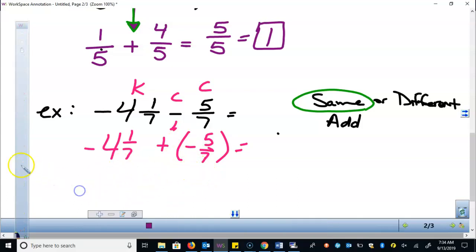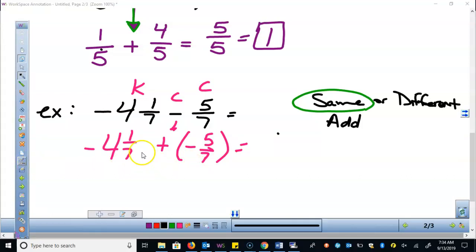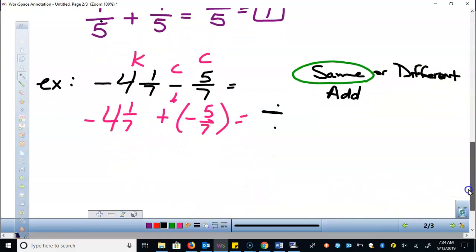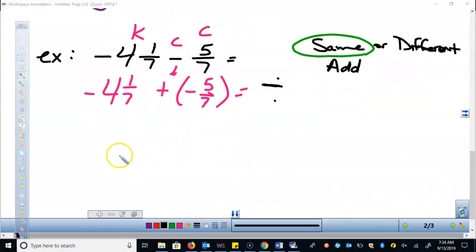Even though we're dealing with fractions and fractions can be kind of stressful on us sometimes, we still only have negatives. There's no zero pairs, no canceling going on. So we are going to end up with a negative as an answer. And now we can totally forget about those negative signs and add those fractions like we would normally. So we took care of the sign.